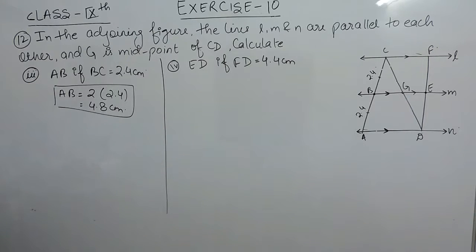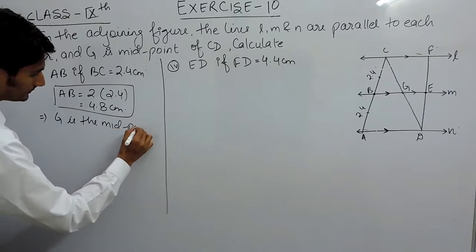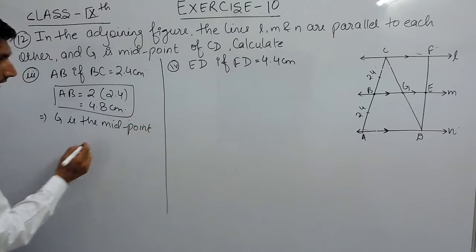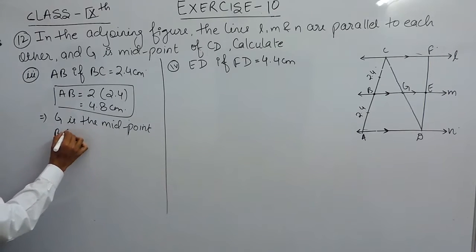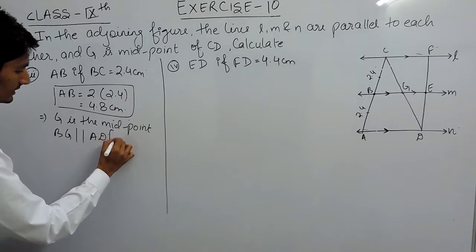If you want, I can write it for you. G is the midpoint and BG is given parallel to AD. This is given to you.